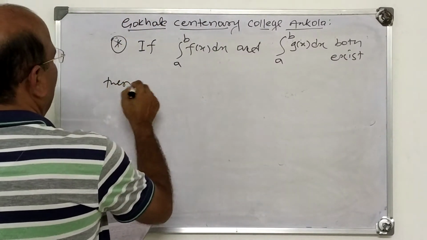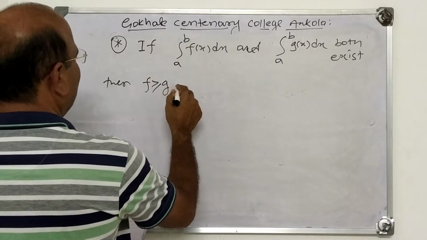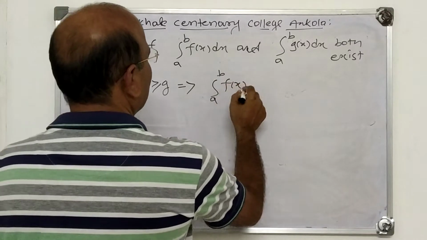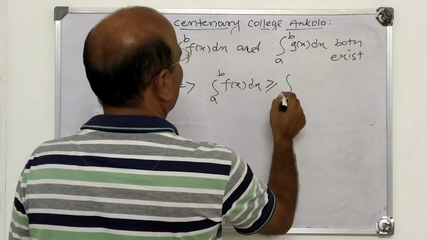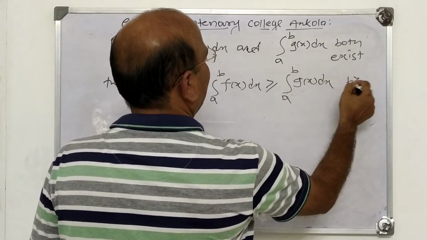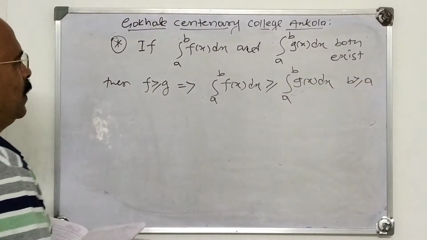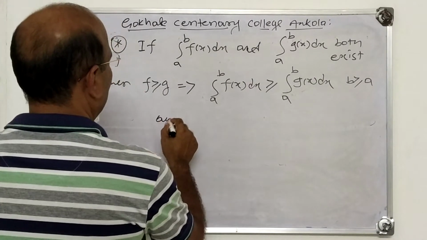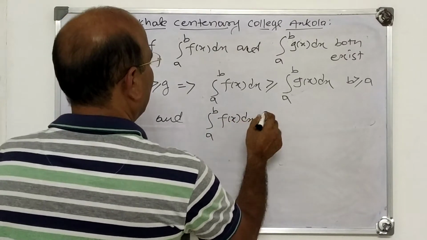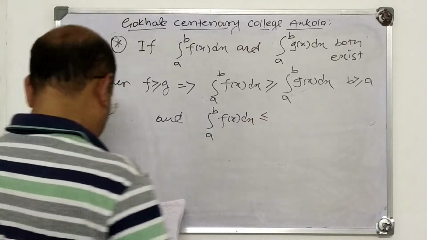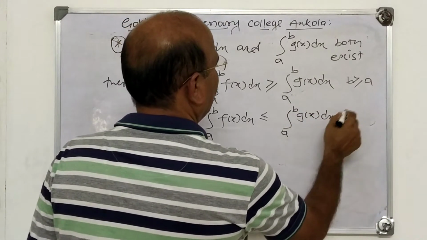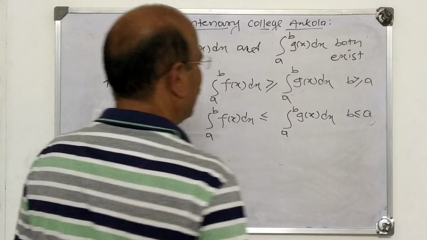then f greater than or equal to g implies the integral from a to b of f(x) dx is greater than or equal to the integral from a to b of g(x) dx if b is greater than or equal to a, and the integral from a to b of f(x) dx is less than or equal to the integral from a to b of g(x) dx if b is less than or equal to a.